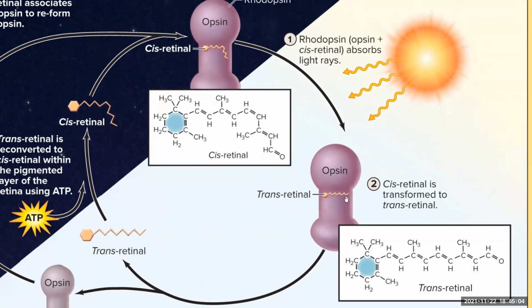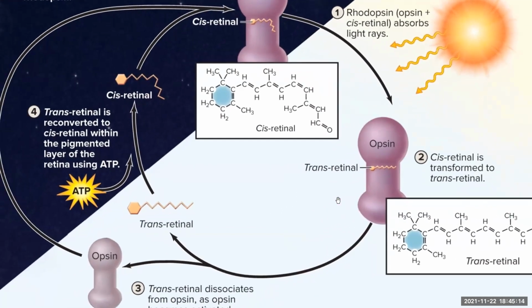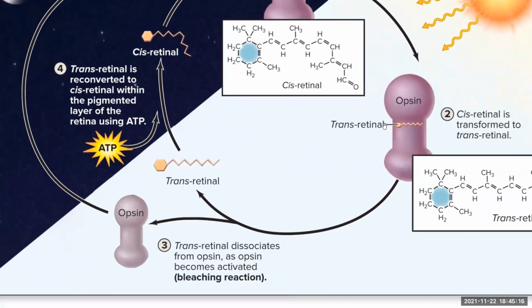It transforms it into the transretinal configuration. So here's the problem with that. Because we've changed the configuration of that molecule, the transretinal is going to dissociate from the opsin protein. It just pops off and it leaves.